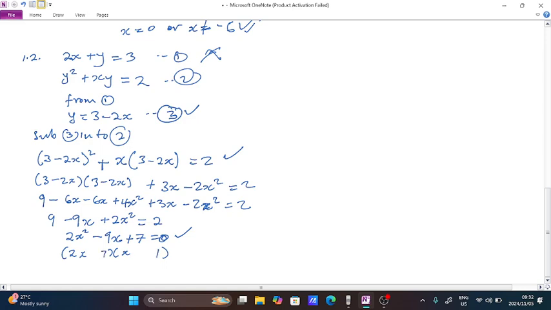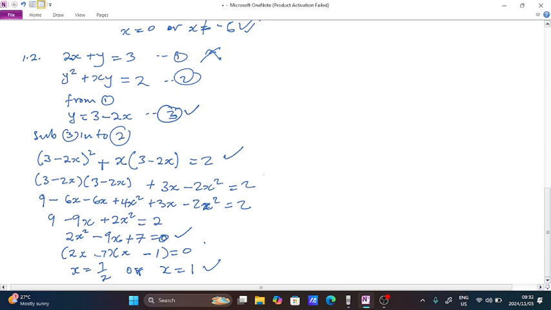So now this will be negative, negative, equals 0. Now having that, it means we must have x equals 7 over 2 or x equals 1 in that case. So we have both values of x again.